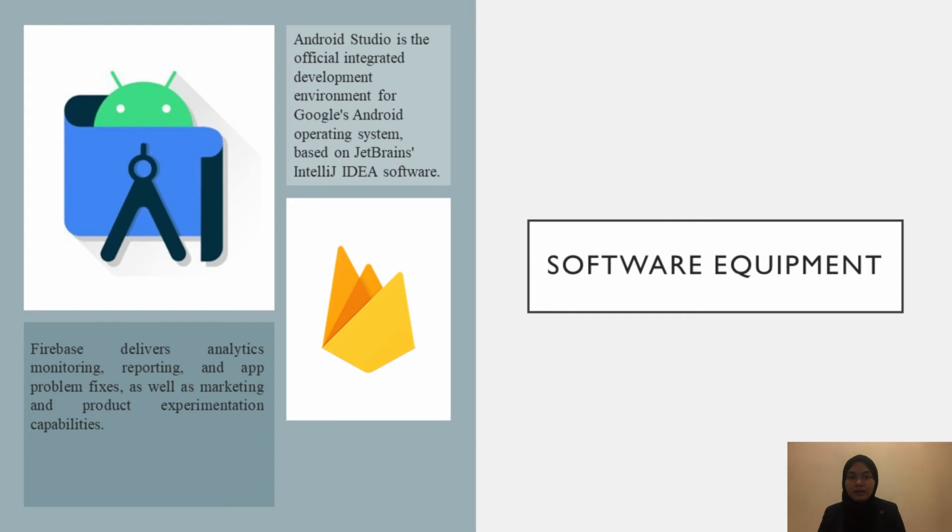It is really beneficial for developers who are concerned about their understanding of applications that use Visual Basic methods, to be accurate. As for Firebase, it is basically a cloud storage that is also owned by Google. Firebase delivers analytics, monitoring, reporting, and app problem fixes, as well as marketing and product tools.